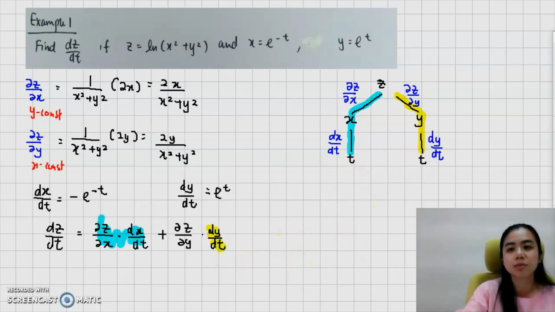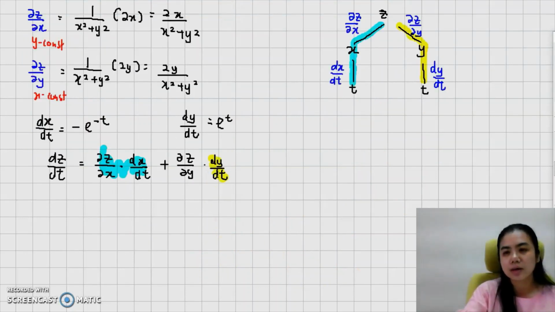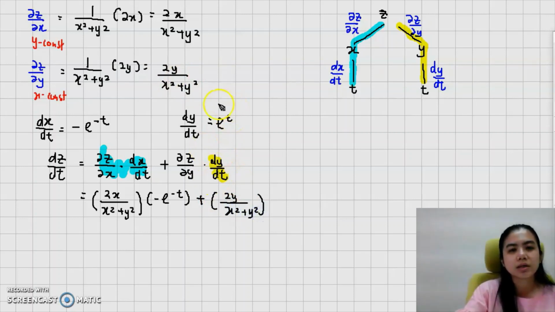Now do the substitution as usual. Del z del x gives us 2x over x squared plus y squared, times dx dt, that is minus e to the minus t, plus this one: 2y over x squared plus y squared times dy dt, that is e to the t.